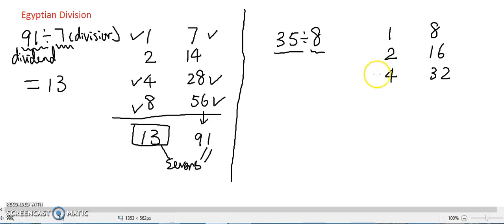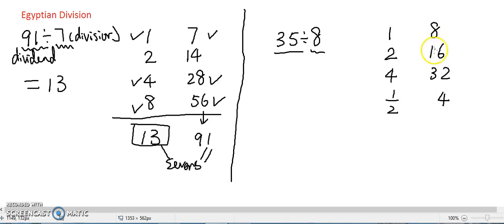So instead of continuing to double, we are going to try halving 8. We look at the first row. We're going to do 1/2 of 8, which is 4.